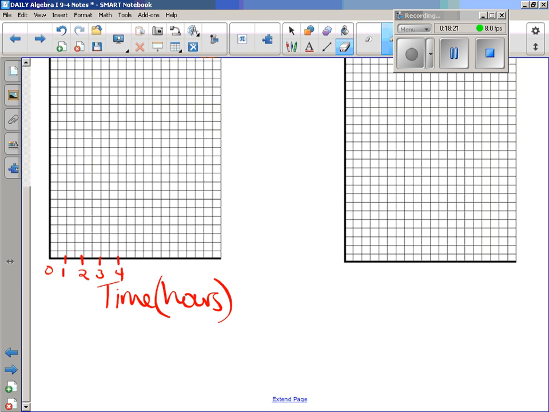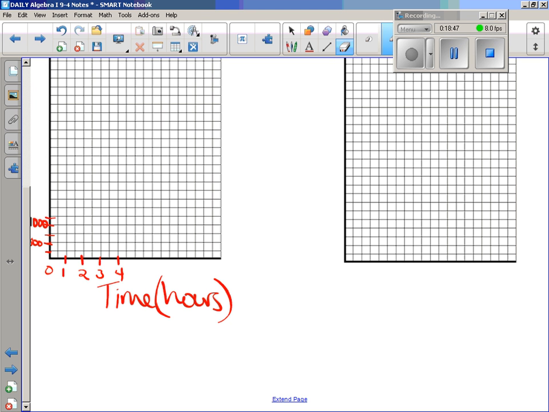That's still a lot of boxes to label. So if each box is worth 250, what's 2 boxes worth? 500. If 2 boxes are worth 500, what's 4 boxes worth? 1,000. So I'm actually going to count every 4th box.